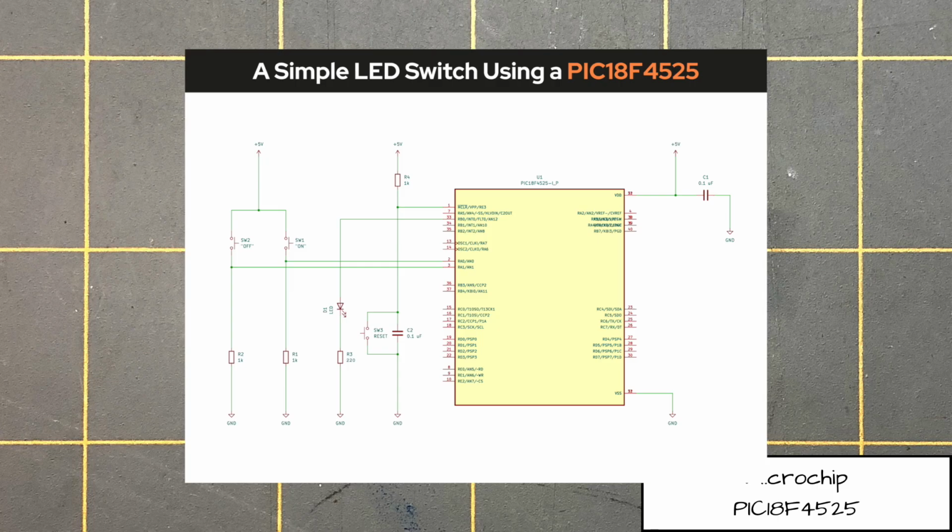A 100 nanofarad capacitor, that's capacitor C2, and remember a 100 nanofarad capacitor is the same as a 0.1 microfarad capacitor, has been placed across the reset switch, switch 3, for the use of keeping the voltage across the pins of the switch stable.